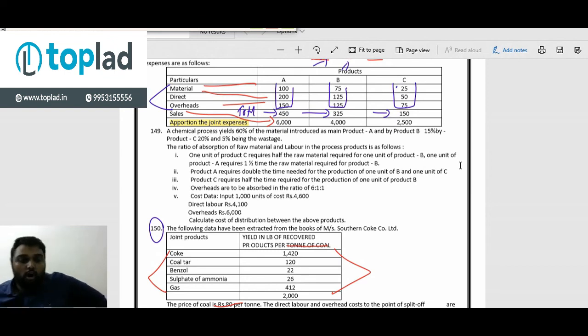See, for the overhead they have given the clue, but for material and labor we have to find out the ratio.